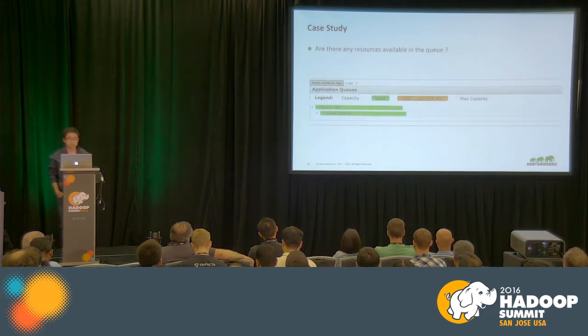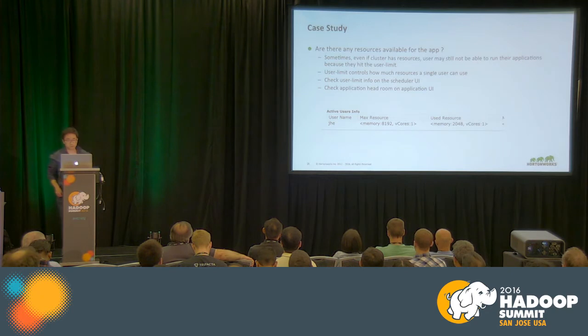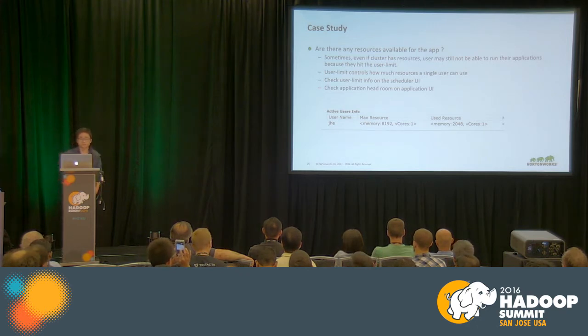The first question we ask ourselves is, are there any resources available in the queue? This is the scheduler UI. We do see there are enough resources available. That's good. The second question we ask ourselves is, are there any resources available for the app? Sometimes if your cluster has resources available, the user may still not be able to run their apps because they may hit the user limit.